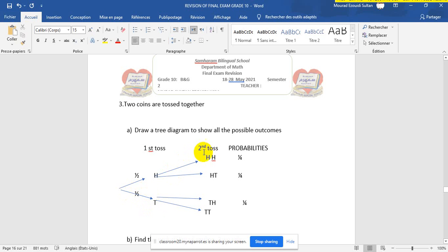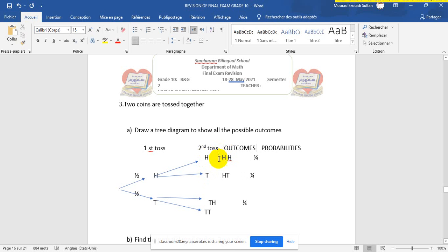Then in the second toss, if in the first toss I have a head, I can have a head, or I can have also a tail. And these are the outcomes.